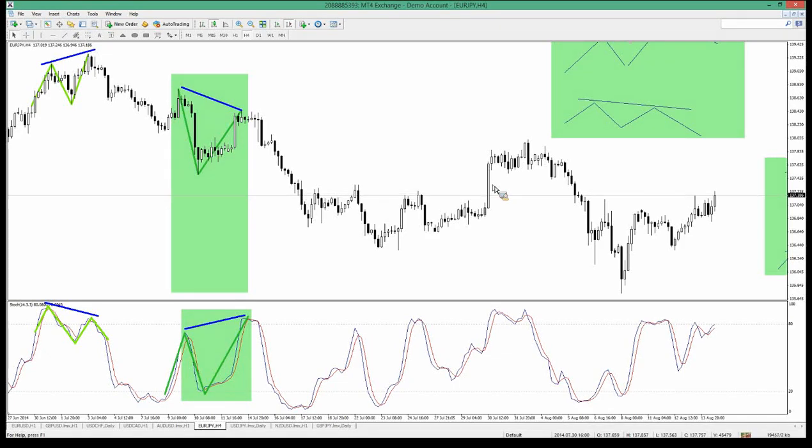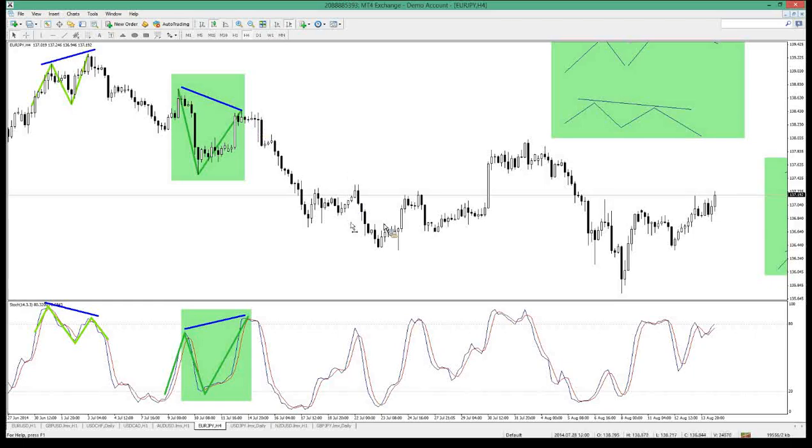As I said, it can take you a little bit of time to train your eye, just because it's not a standard thing to look for. But this is probably the most powerful of the divergence tools you're going to find in a trending environment, so you're playing the market with the trend.